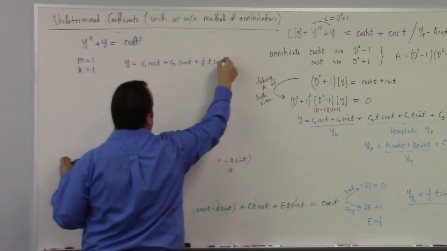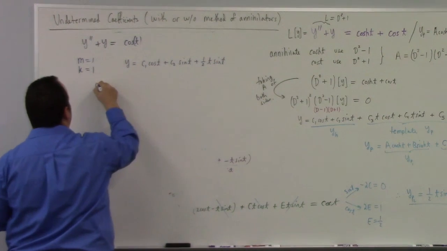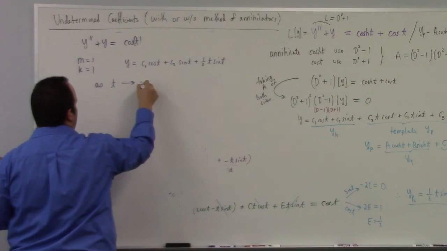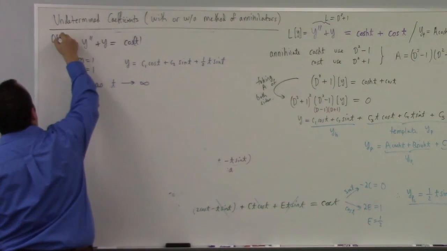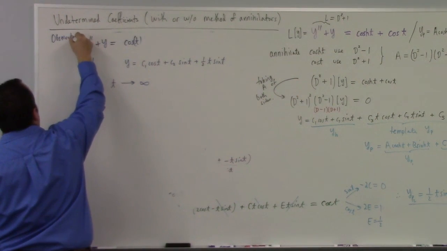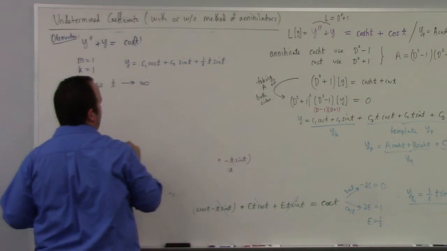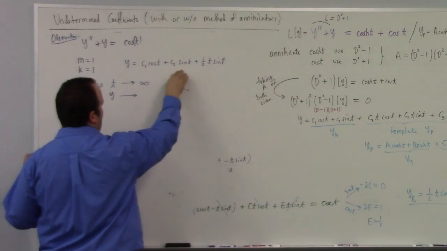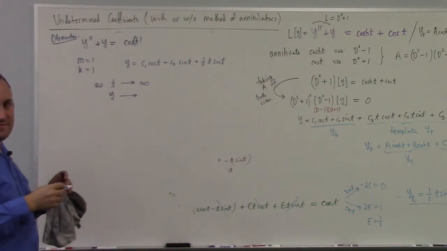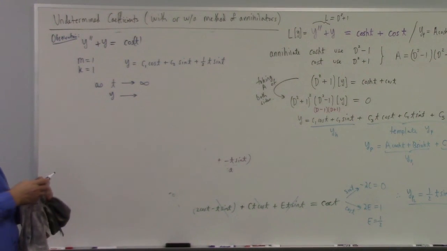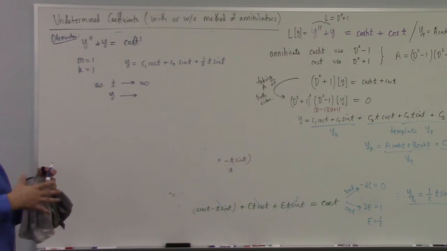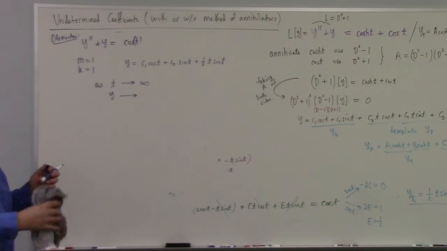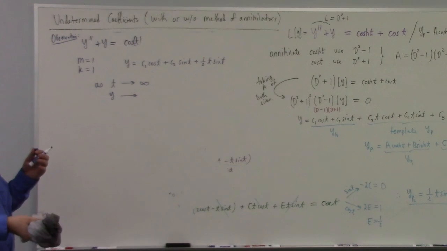And so what happens as t goes to infinity? So this stuff stays bounded, right? Whatever that is, if it's going between plus and minus 2, that stuff is going to still go between plus and minus 2.